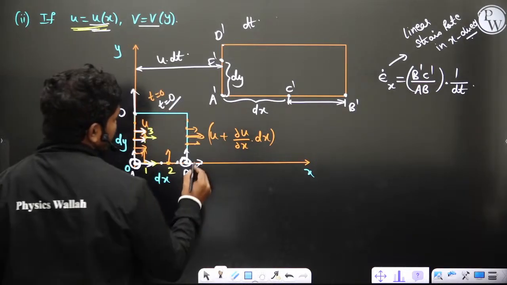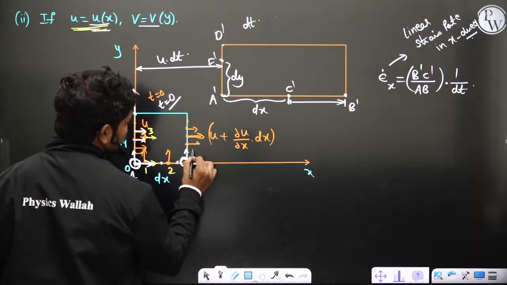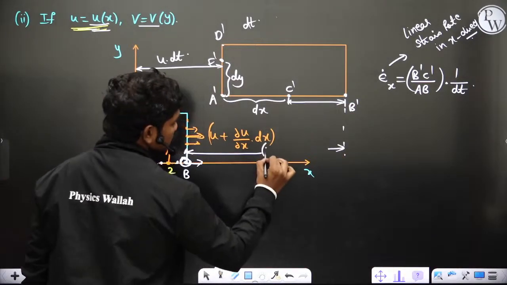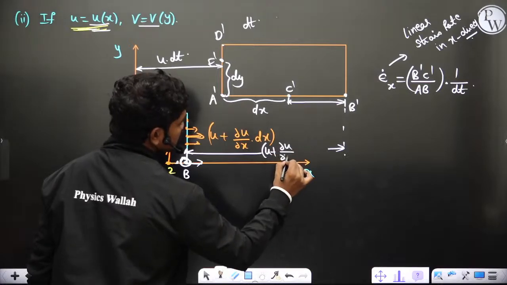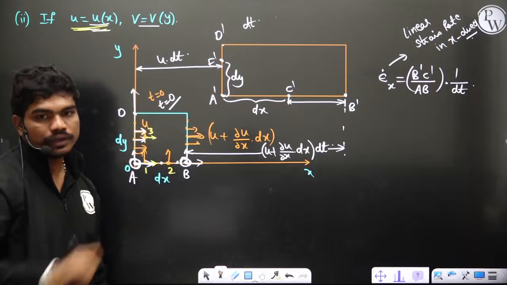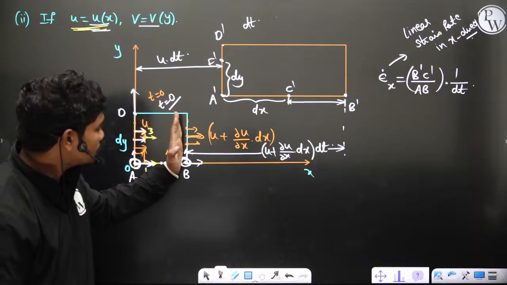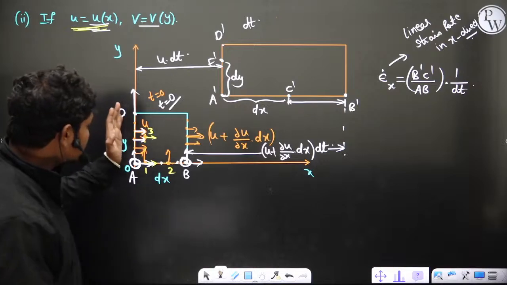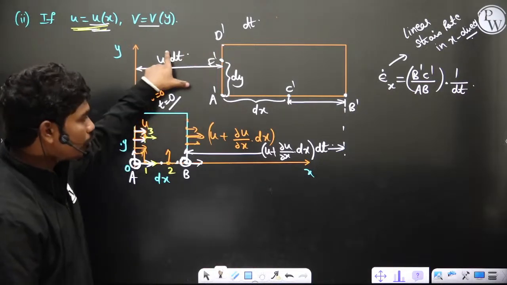And this length is u plus dou u by dou x into dx, times dt, which gives the displacement. So this layer gets displaced by this much distance, and similarly AD gets displaced here by u times dt.